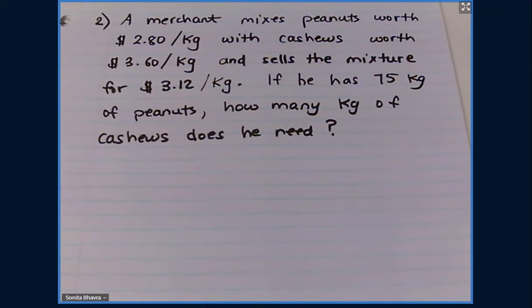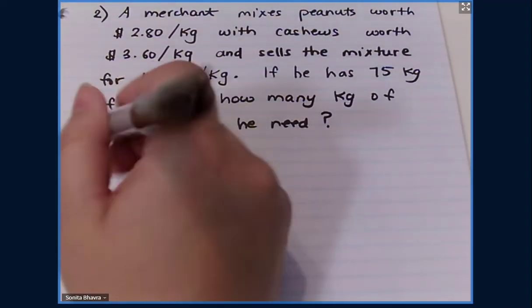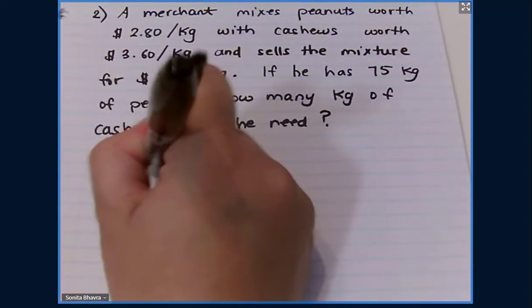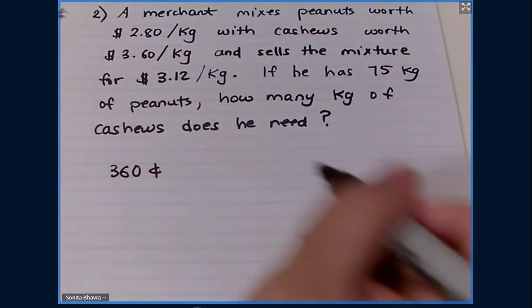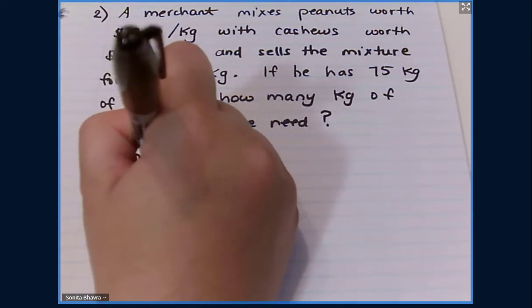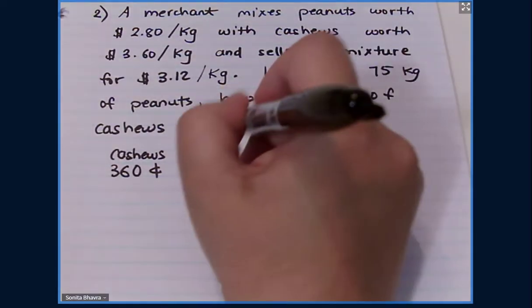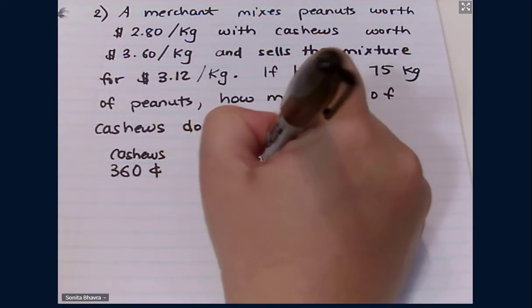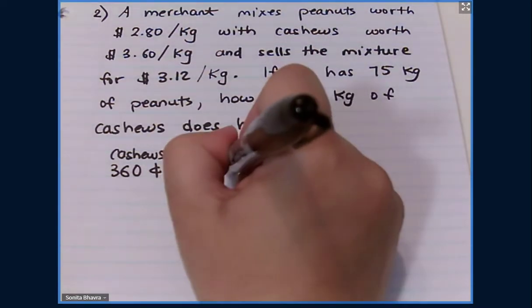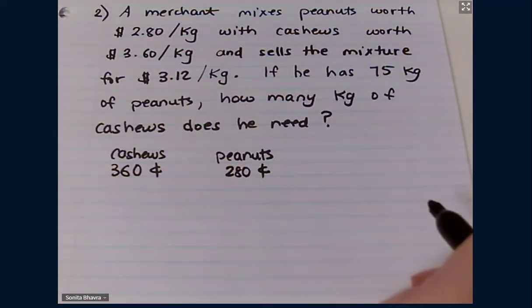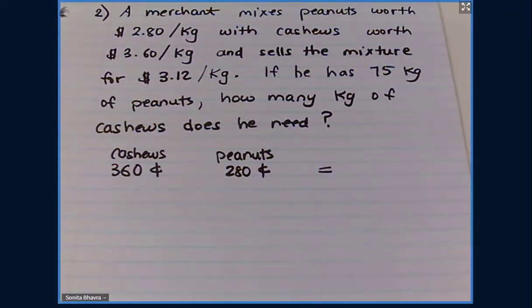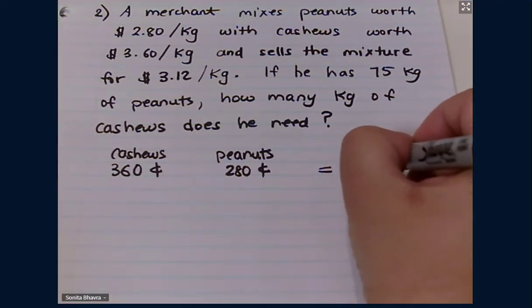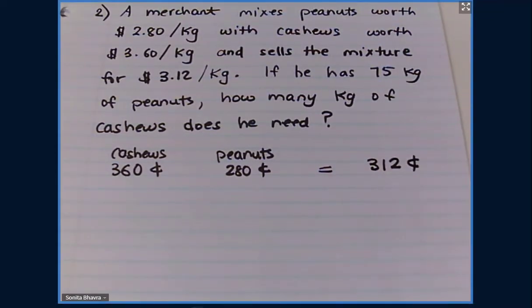So I'm going to go ahead here and set this up. We have 360 cents. That is our cashews, so I can label that. And we have our peanuts, and it's 280 cents. And we know that our mixture total he wants to sell for 312 cents. And now to look at the weights, we know that the peanuts we have are 75 kilograms.